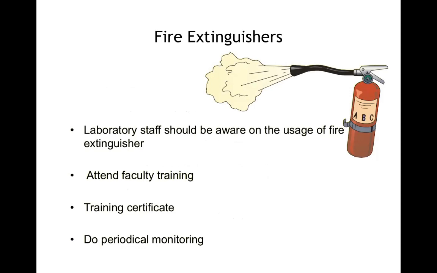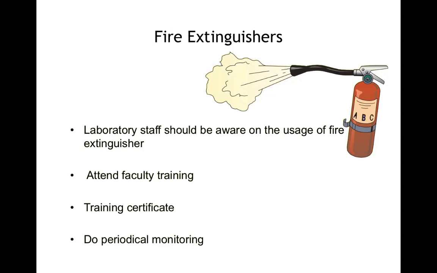And it is important. If suppose 15 people are working in one laboratory, in one hall, it is not required that everyone shall be trained in this. But they shall have good training. Whenever you get this alarm, what is important?